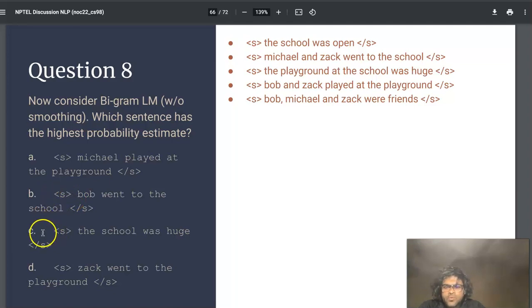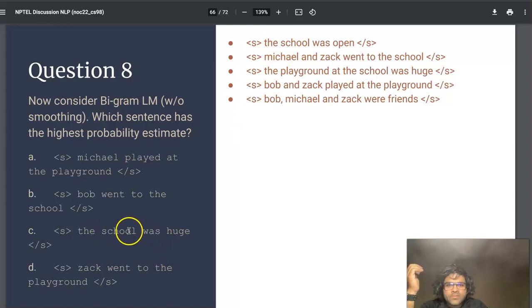Now if we go for C, the school was huge. I hope this sentence is possible. You can get the probability of school given the, because in the first sentence you can get it.